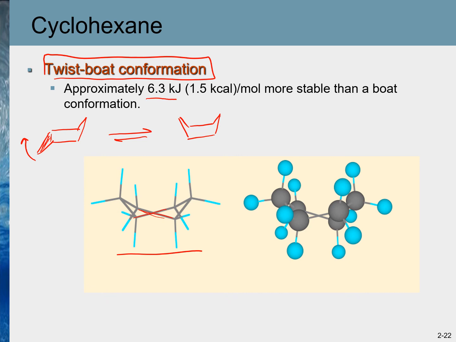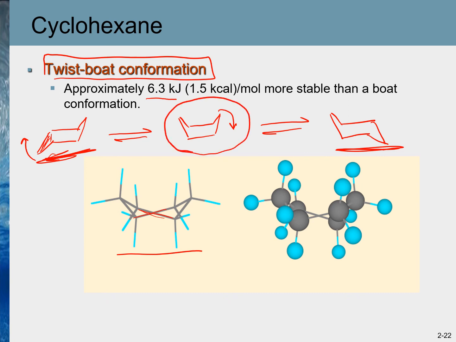From the boat conformation, if this goes down, it will go to the second chair conformation. So whenever a chair conformation flips from one chair conformation to the other one, that transition goes through the boat conformation. So that's the energy barrier from going from one chair to another chair.